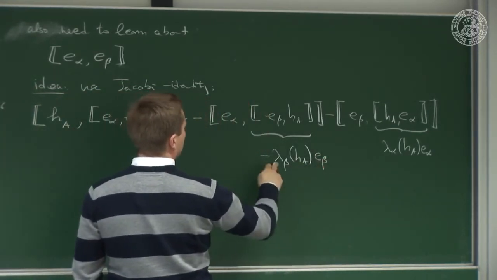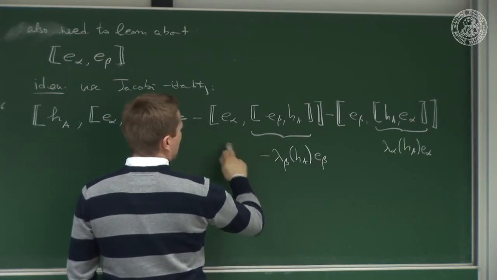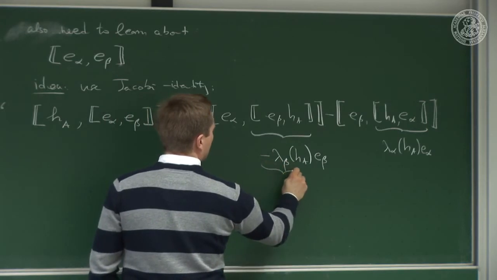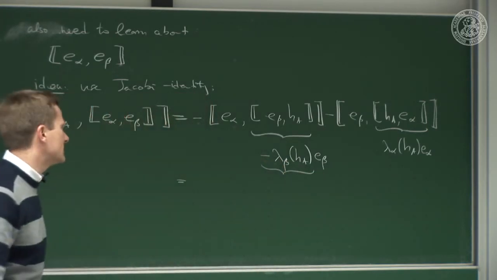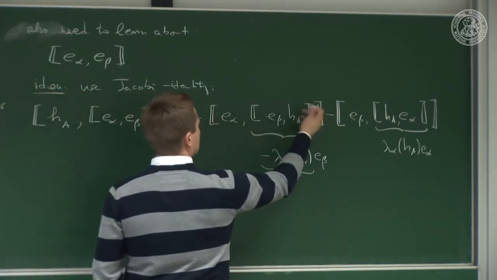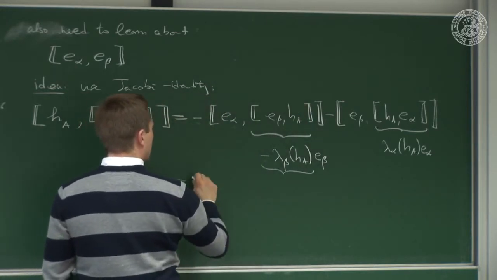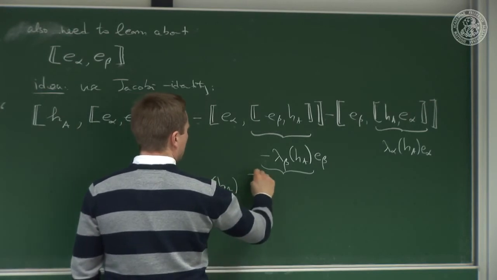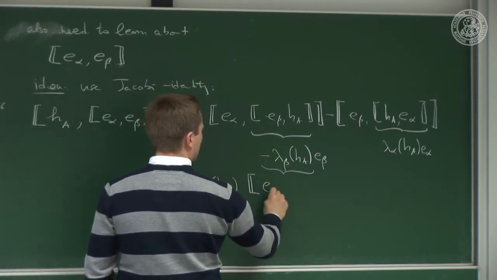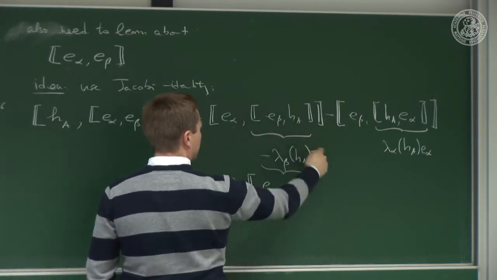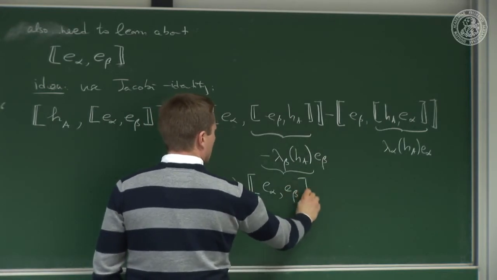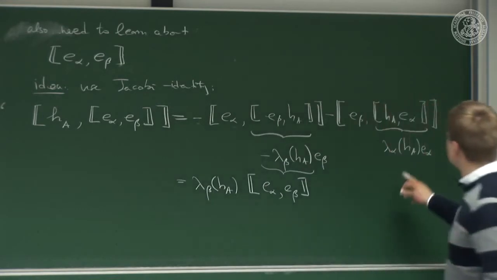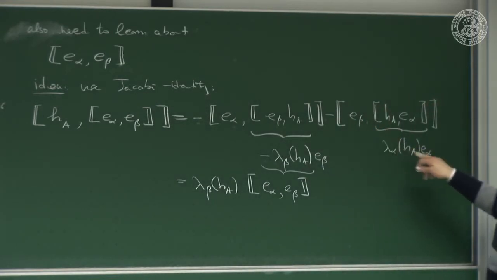So you have this alpha beta, there's a minus here, there's a minus there. This is just a number once it's evaluated. The bracket is bilinear, so you can pull it out. This is plus lambda_beta of H_A times the commutator [E_alpha, E_beta], and all that's left of here is the E_beta. And back here it's similar, but you get an E_beta, E_alpha.